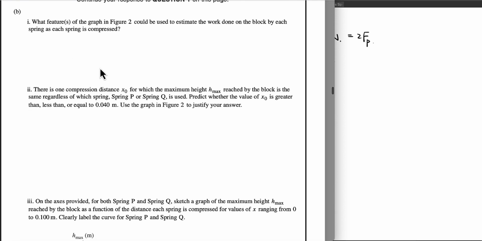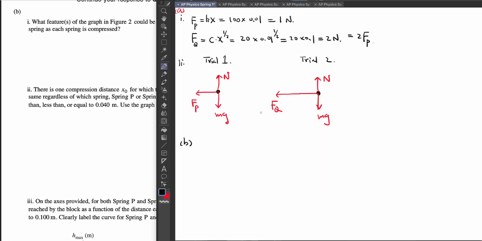And before we talk about the features of the diagram, let's think about what the work done on the block is. And here's the diagram. So we have a spring force acting on the block, and here is the coordinate system.